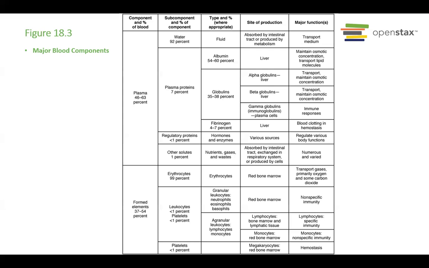Hormones and enzymes also have to be proteins. Remember we said sodium potassium ATPase? That's an enzyme because it hydrolyzes ATP in order to send out sodium and bring in potassium. Red blood cells transport oxygen and carbon dioxide.